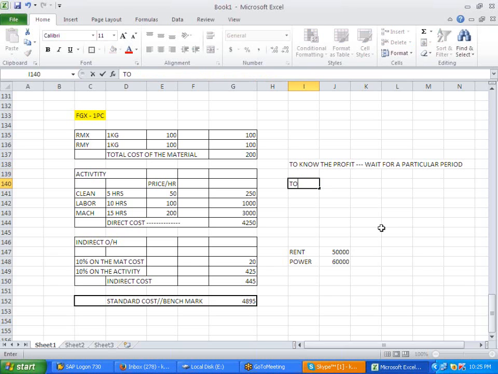But if I want to know the cost of the product, do you think you will wait for the whole year? No. I cannot wait for the whole year to know that. So that is where cost accounting comes into the picture, as a technique. That technique, whatever I'm using, I'll call a cost accounting technique.